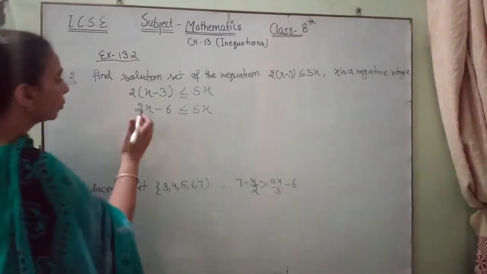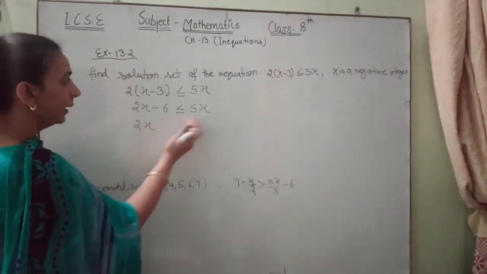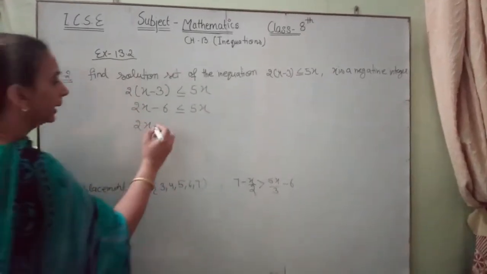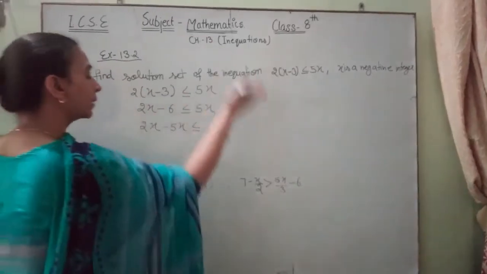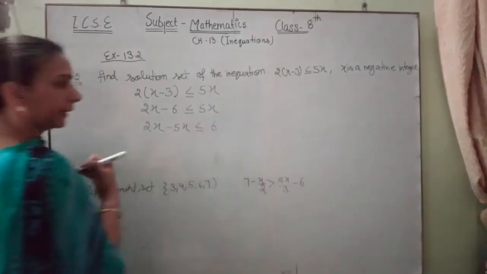Student, 2x as it is, we take this from this side, then minus 5x less than or equal to, and minus 6 on the right side becomes plus 6.